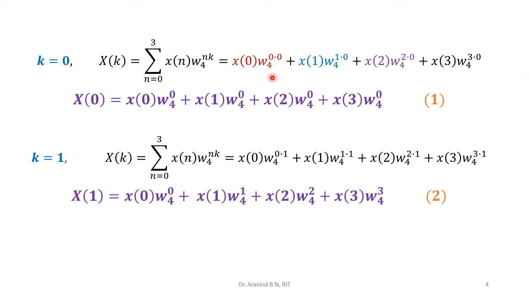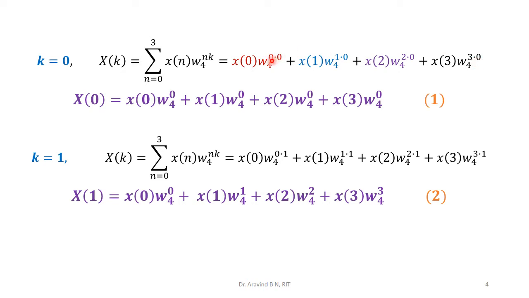We are going to get this realization: x of 0 omega 4 power 0 into 0, n value is 0, k value is 0; x of 1 omega 4 power 1 into 0, n value is 1, k value is 0; x of 2 omega 4 power 2 into 0, n value is 2, k value is 0; x of 3 omega 4 power 3 into 0, n value is 3 and k value is equal to 0.